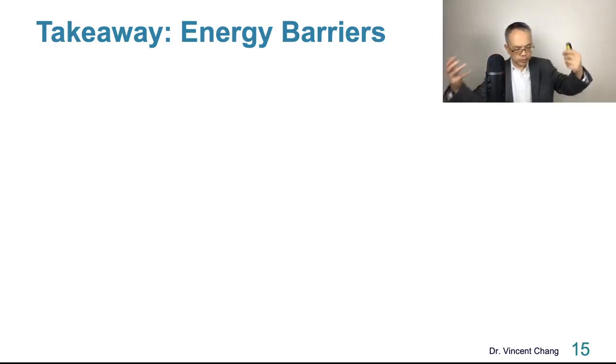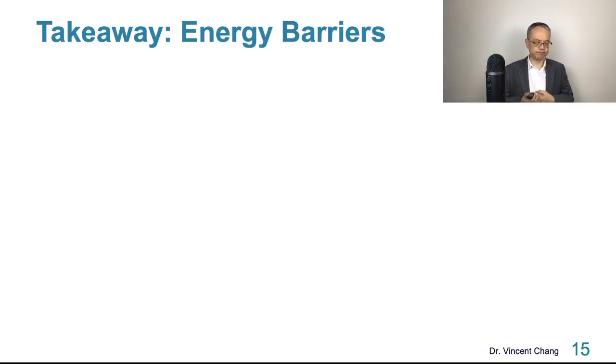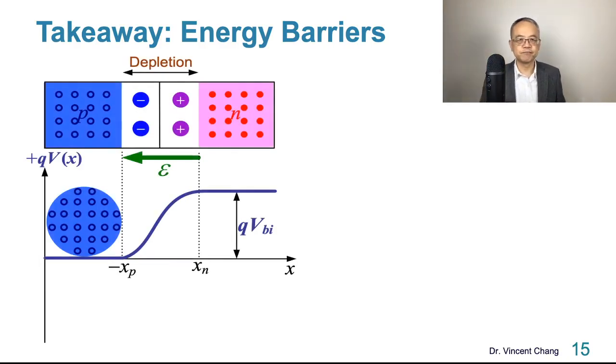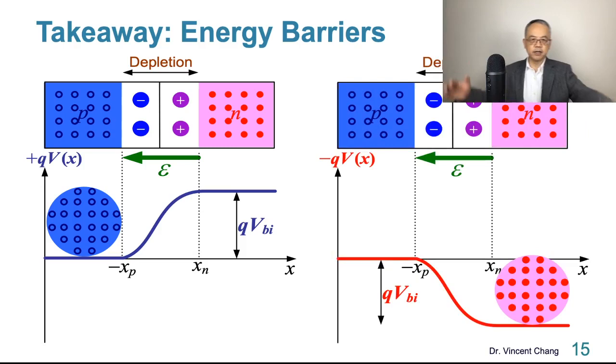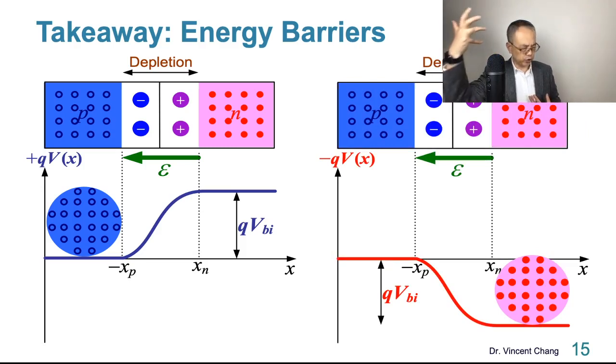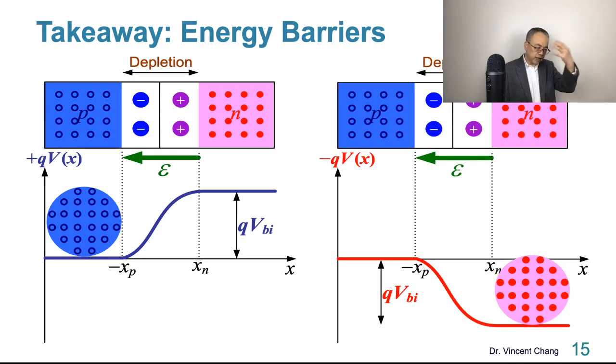So what's the thermal equilibrium condition in terms of the concept of energy barrier? We see abundant holes on the left-hand side because this is the P-type, majority holes. For the N-type semiconductor, a lot of electrons on the right-hand side.